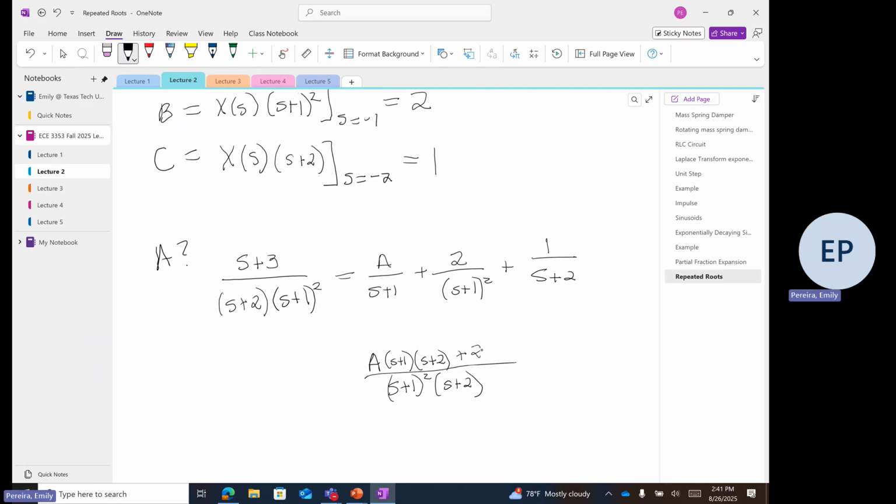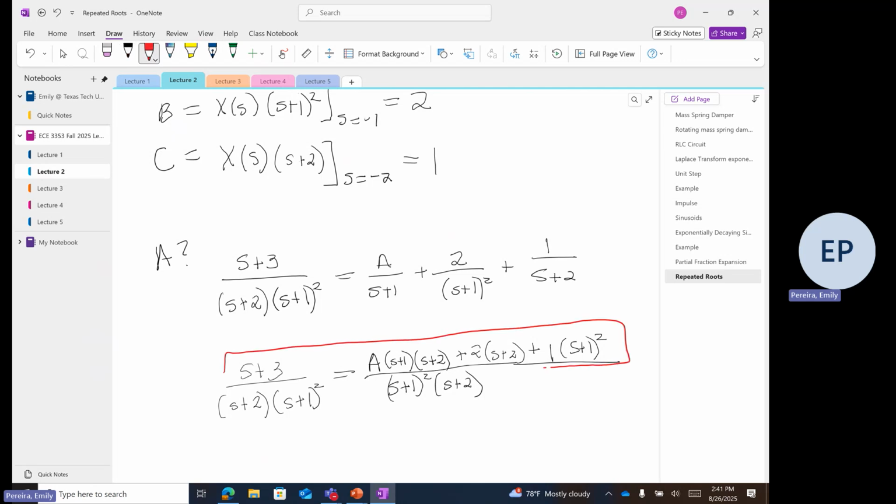For B, we need to multiply by s plus 2. And for C, which is 1, we need to multiply by s plus 1 squared. So this will give us our common denominator. And then all we have to do is equate the numerators.